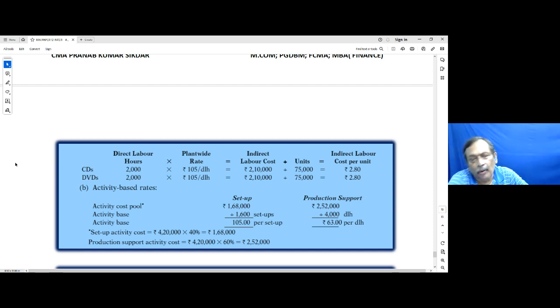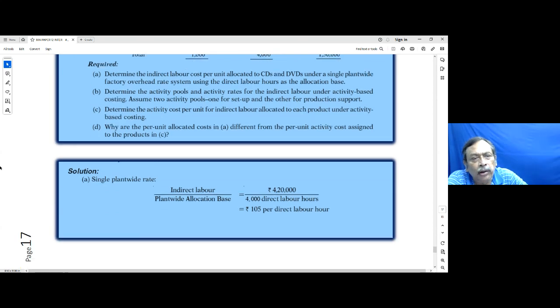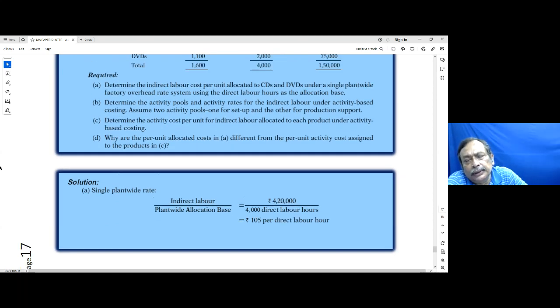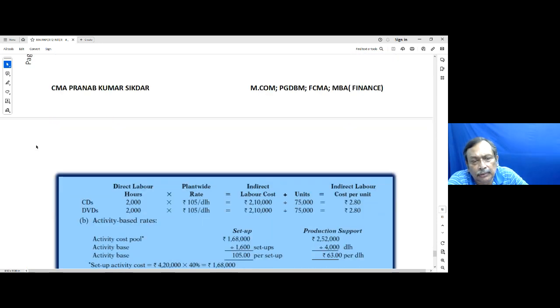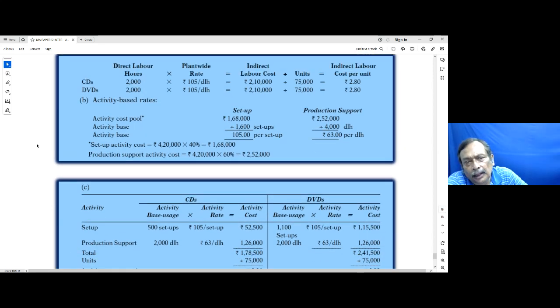It's the same. Now in the second part, it is given: determine the activity pools and activity rates for the indirect labor under activity-based costing. Assume two activity pools, one for setup and the other for production support. Now let us come to the activity-based rates and activity cost pools. How do we get them?